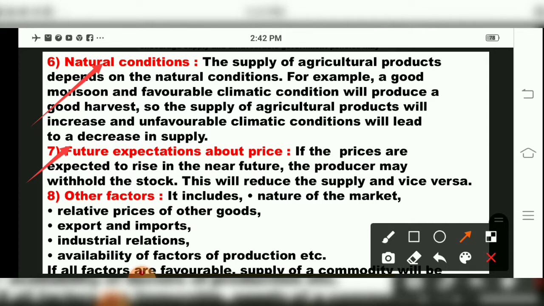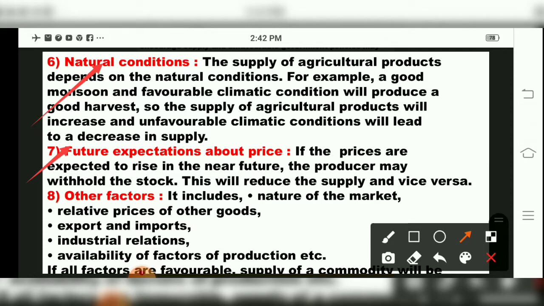So what they have told, now see, a simple example. If I know that in future, suppose the compass box prices will change, it will be high. So what will the shopkeepers do, children? They will keep that particular compass box as stock, and they will show in the market that the stock is over, because they know that in future the demand of that compass box will be more.